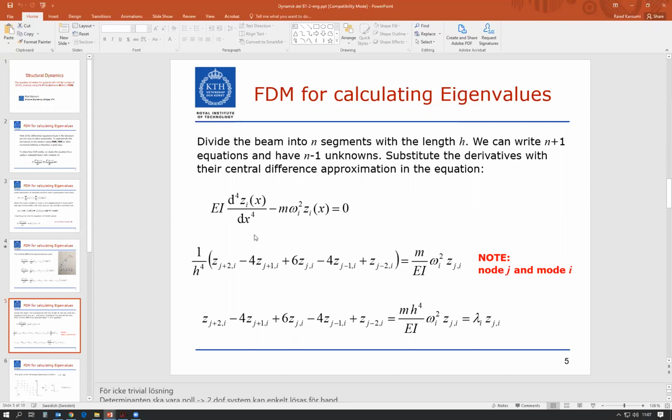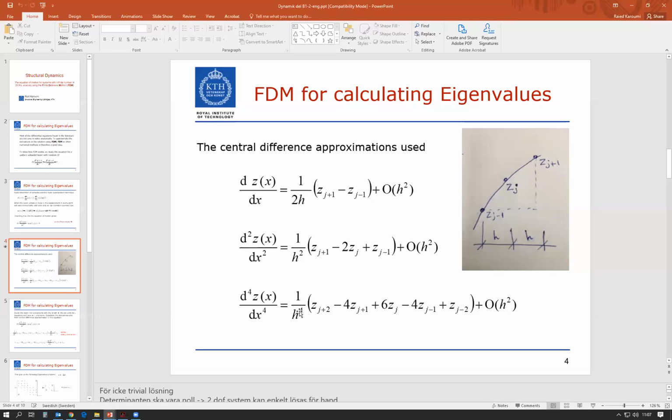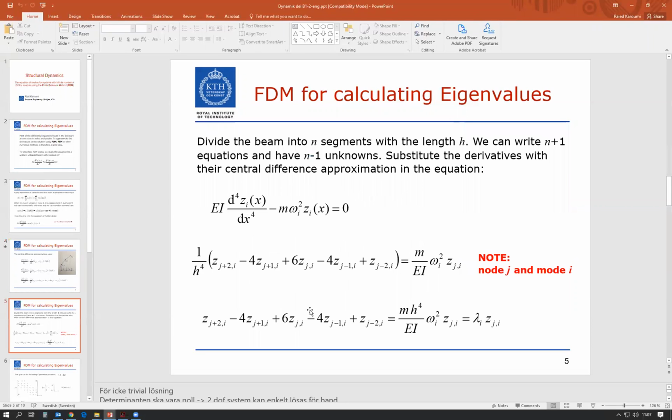And this is exactly the same equation. I have moved this to the right-hand side, and I have moved the EI to this side as well. And then I have replaced this fourth derivative with this function.